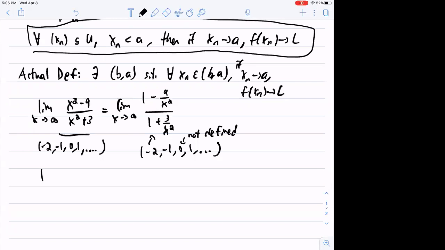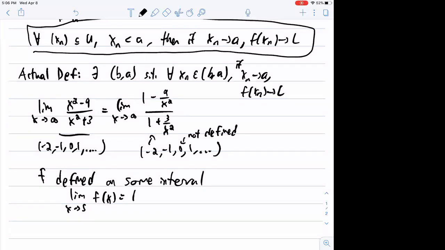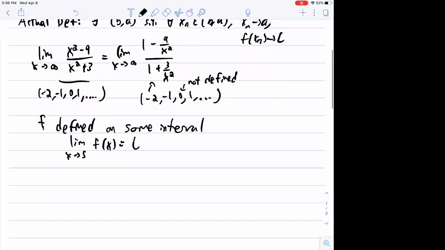So let's say f is defined on some interval, and we want to write out all the epsilon-delta definitions for limit x goes to s, f of x equals L. Now, before we do that, let me write out for s plus and s minus.